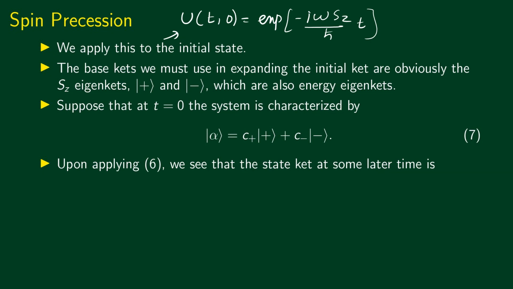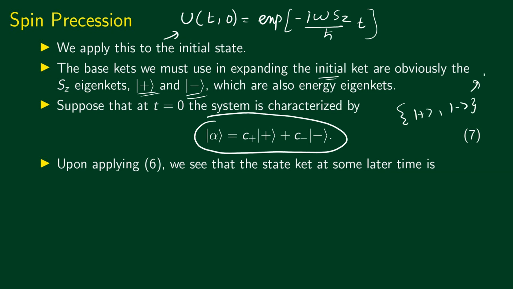This means that the base kets that we must use in expanding the initial ket are the Sz eigenkets, ket plus and ket minus, which are also energy eigenkets. So let's say that the initial state is some linear combination of these basis vectors. This is called the basis, so we can expand any vector in terms of this basis.